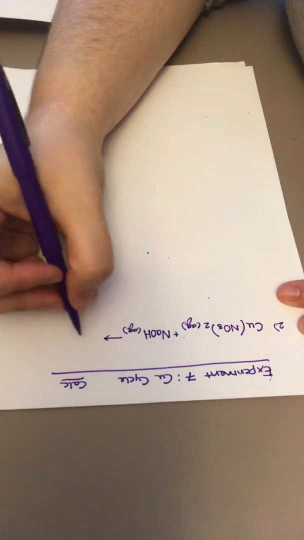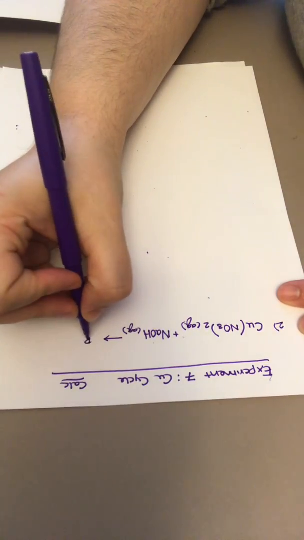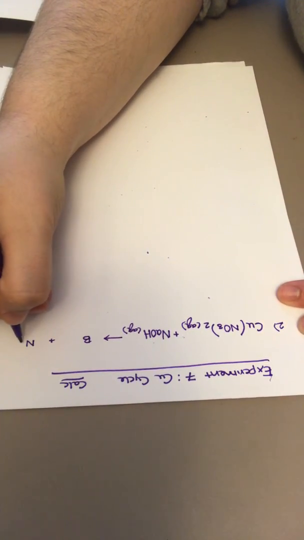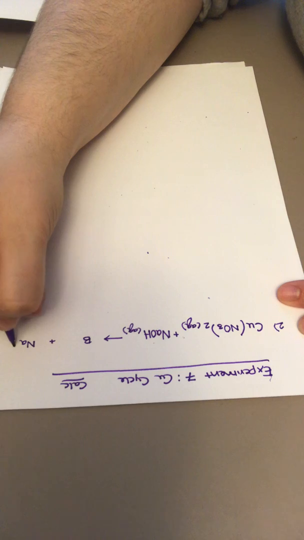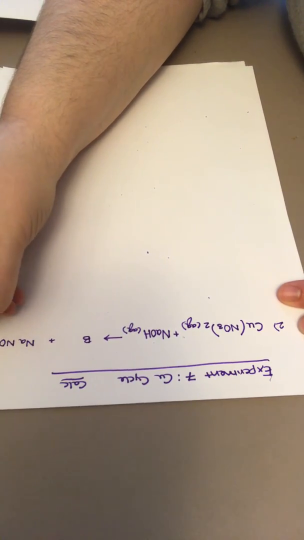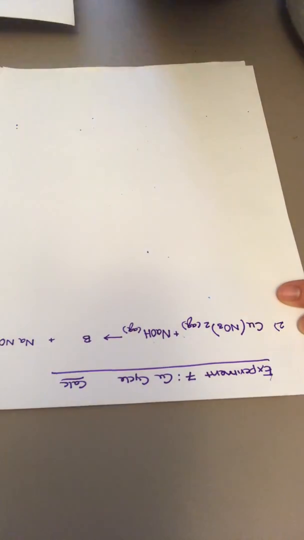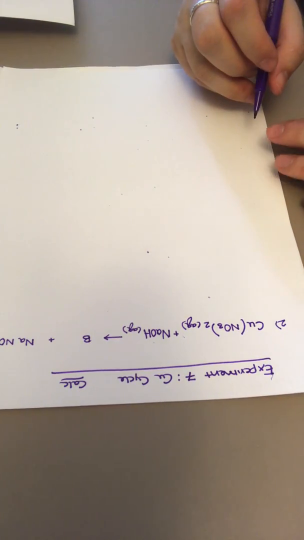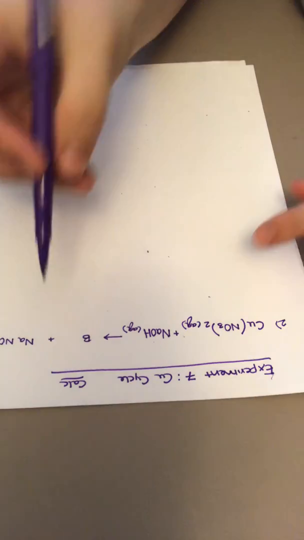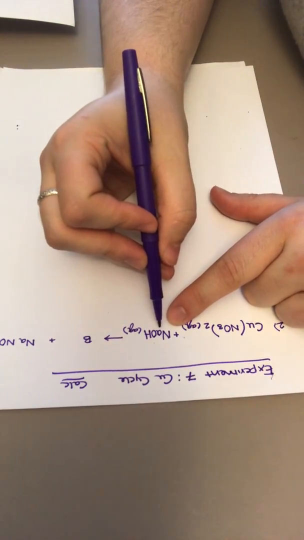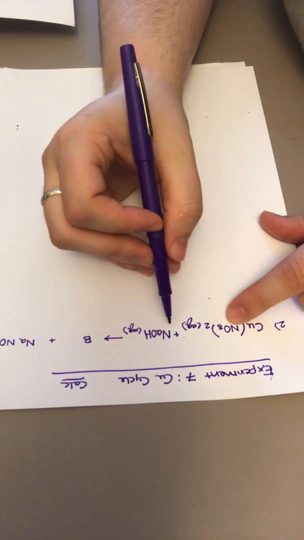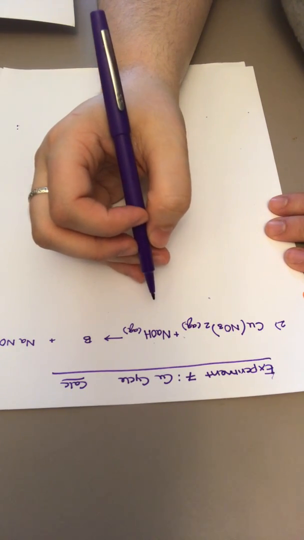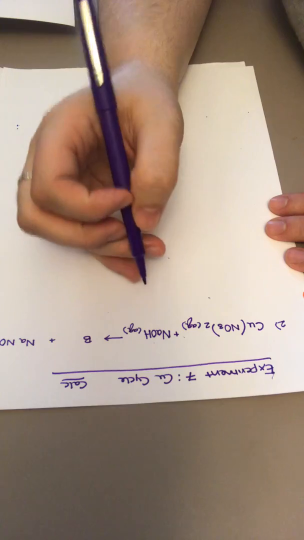And for this one, we're looking for what is that product B. And we also have that NaNO3, which is also aqueous. So if we briefly look at this, we'll notice that we have this sodium and we have this NO3 coming together, so odds are we have some sort of double replacement reaction coming.